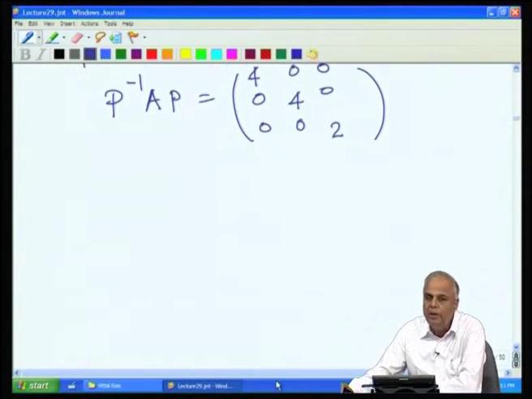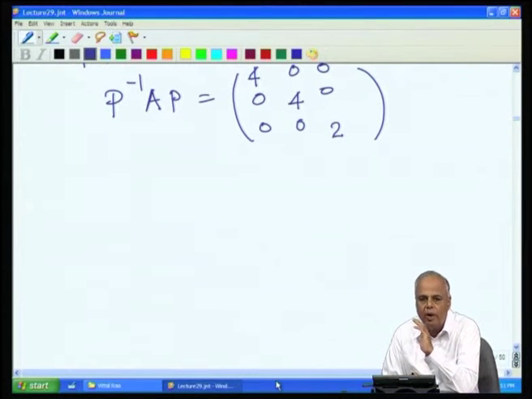So, we see that whenever for an n by n matrix, we are able to get n eigenpairs lambda 1 phi 1, lambda 2 phi 2, up to lambda n phi n, where lambda 1, lambda 2, up to lambda n are real numbers, not necessarily distinct as we found in the last example, and the vectors phi 1, phi 2, up to phi n are linearly independent, then we can diagonalize the matrix. So, again we summarize this.